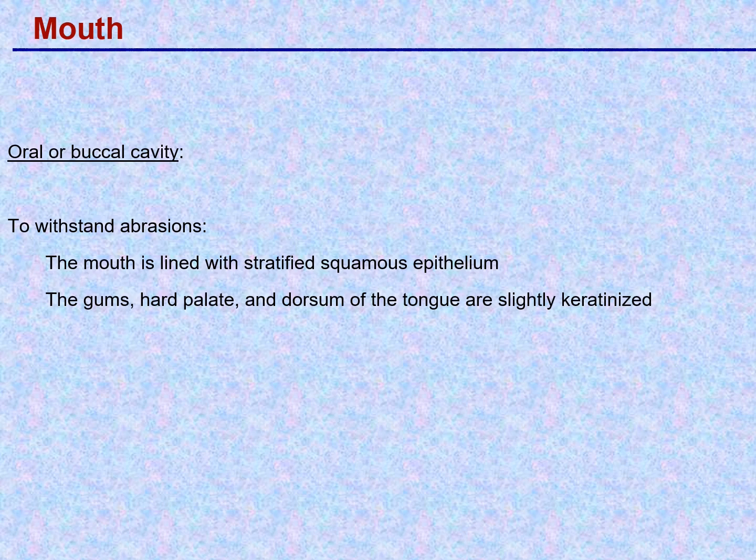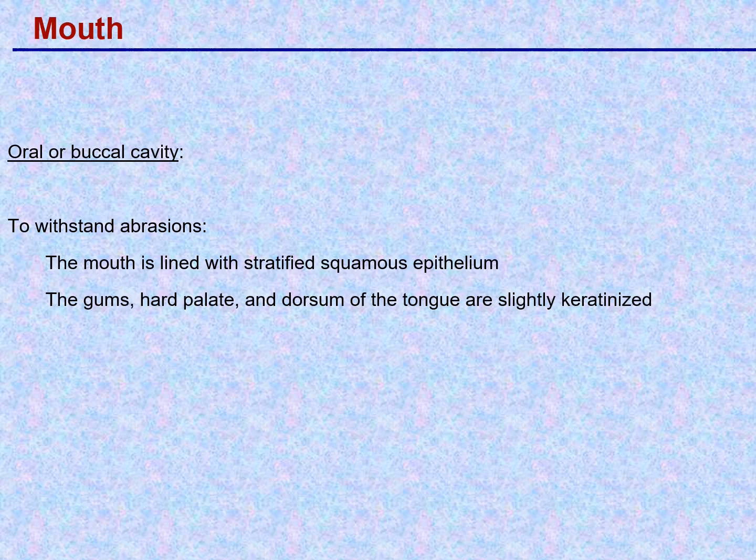The gums, the hard palate, and the dorsal side of the tongue, which is the upper part, are slightly keratinized, which means that it is made of cells that are flattened out, squamous, and the very top layer is dead and will constantly turn over and get sloughed off.